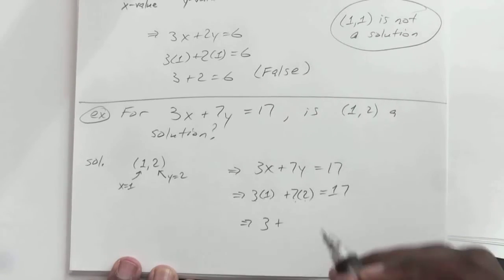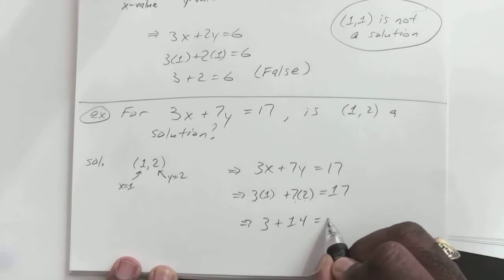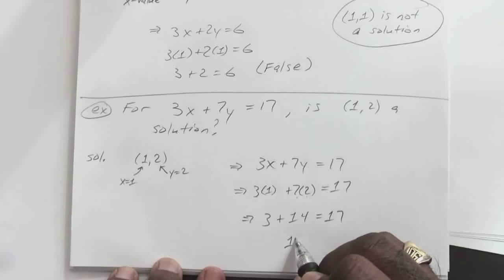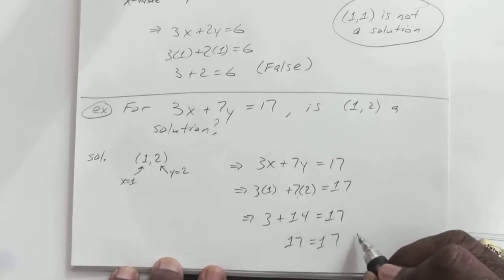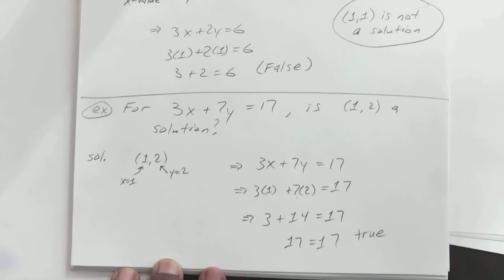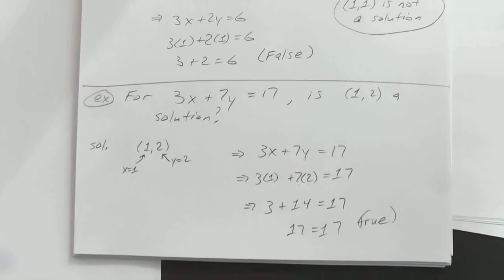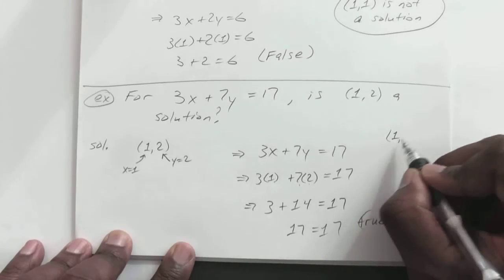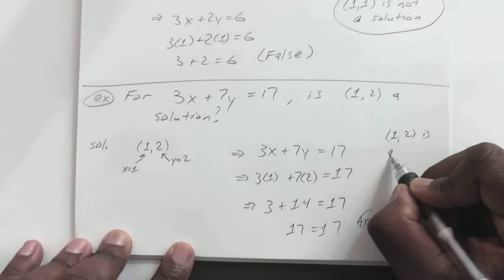And 7 times 2 is 14 equals 17. So really we end up with 17 equals 17, which is true. Okay, so once we end up with a true statement, we know that it's a solution. So we know that the point 1, 2 is a solution.